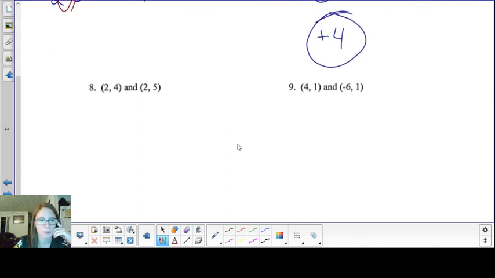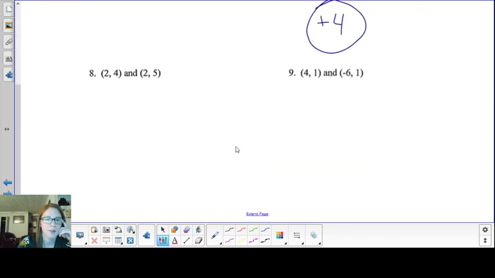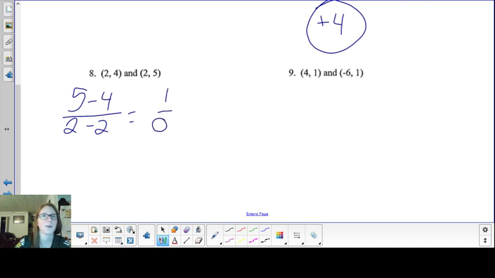Number 10. I have 5 minus 4 over 2 minus 2. 5 minus 4 is 1 and 2 minus 2 is 0. Now here we come into something where like, what is this? I can't remember what happens. So I'm gonna give you a little refresher.